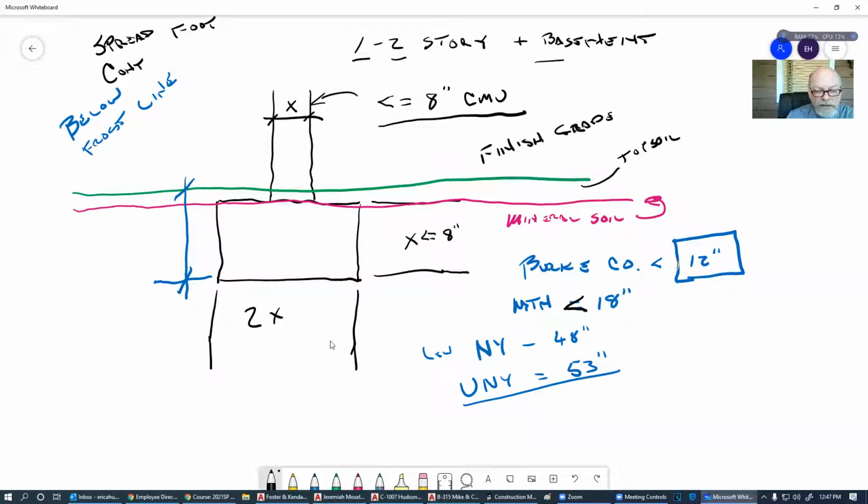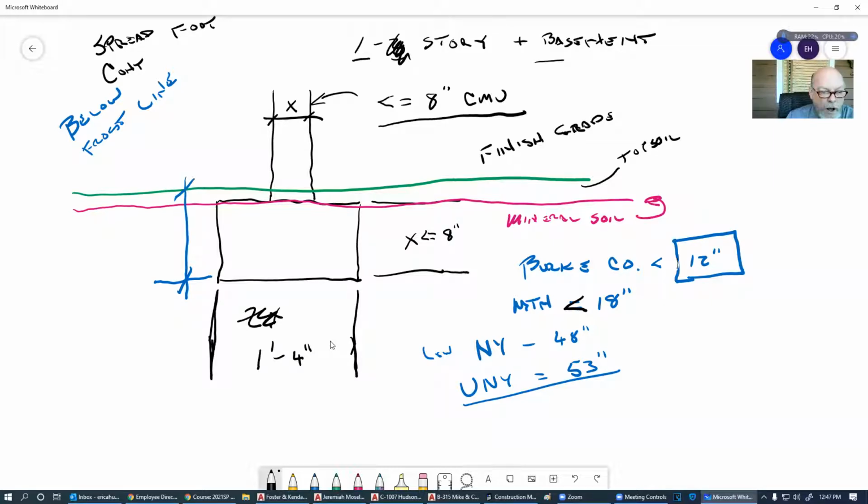But now let's think about this. Let's say that we look in the code book and it says that we have a 1-story building and it still has a garage, and it says that we can make this footing 1 foot 4 inches wide. All right, so 16 inches wide.